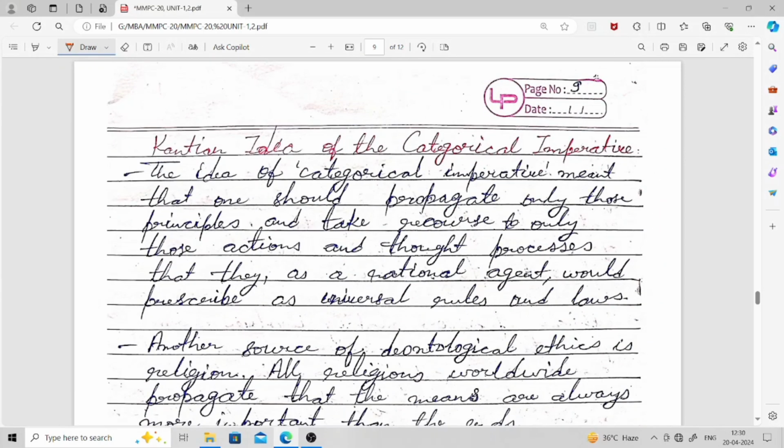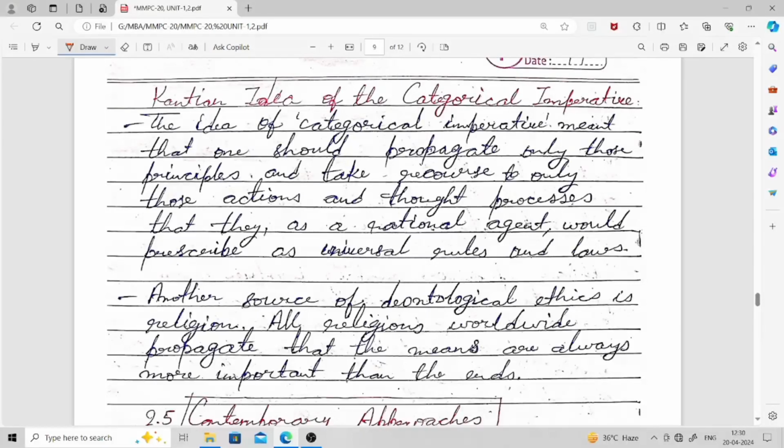Kantian idea of the categorical imperative. Okay, what is this Kantian idea? The idea of the categorical imperative meant that one should propagate only those principles and take recourse to only those actions and thought processes that they, as a rational agent, would prescribe as universal rules and laws.